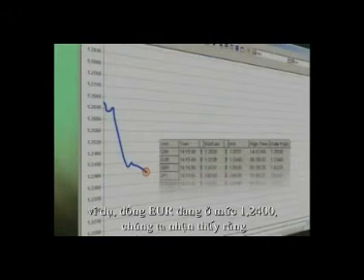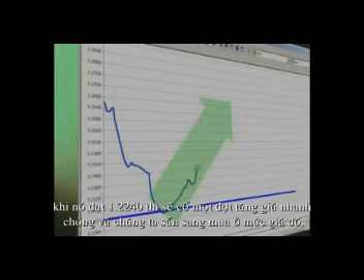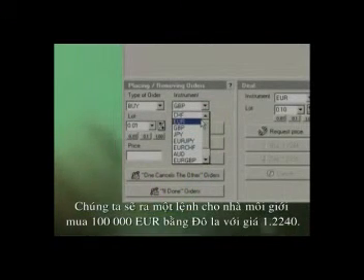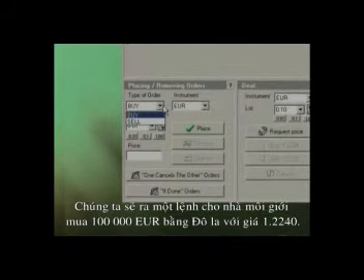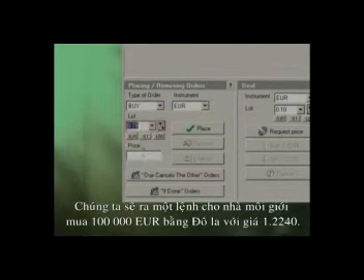Now, for example, the euro is at 1.24. We reckon that when it reaches 1.224, there'll be a sharp rise in price, and we're ready to buy at this price. We give the broker an order to buy 100,000 euro against dollar at the price of 1.2240. That's all there is to it.